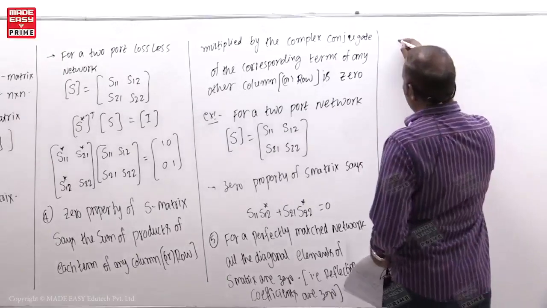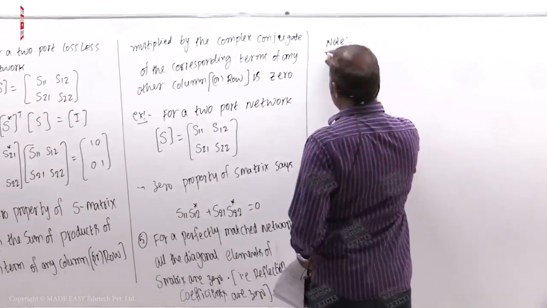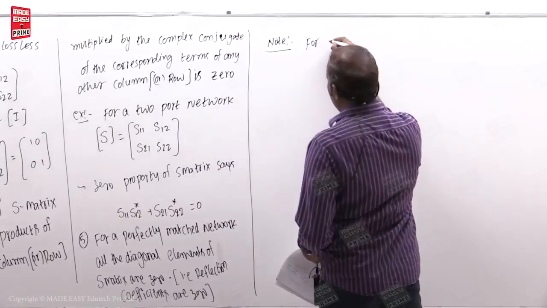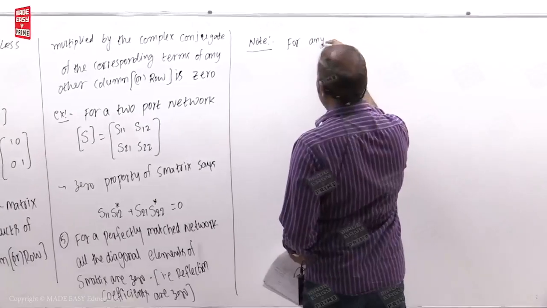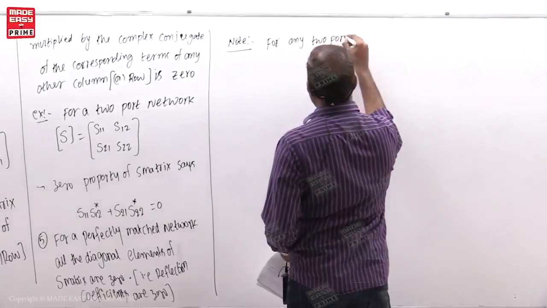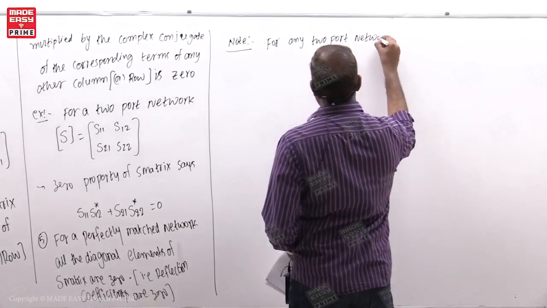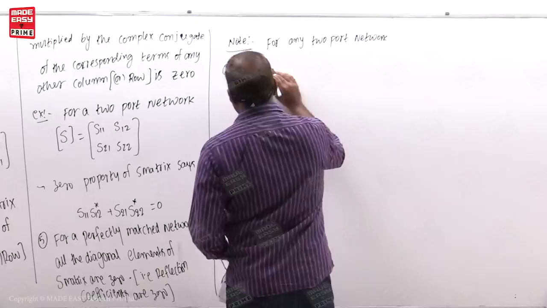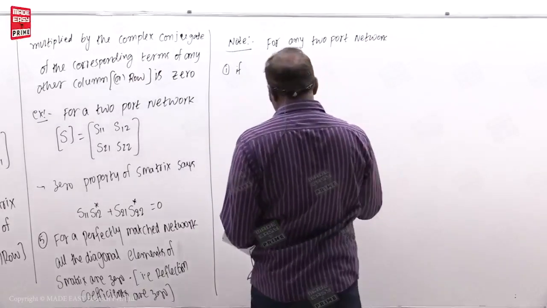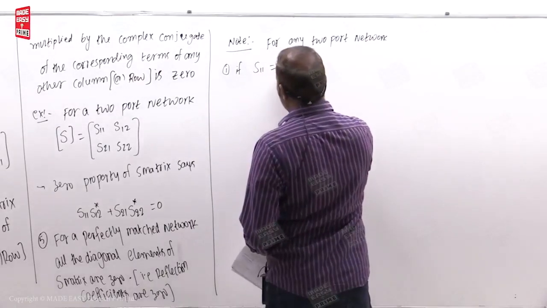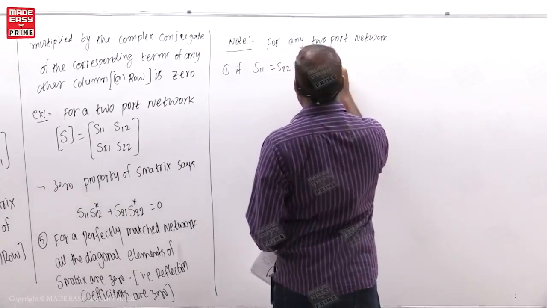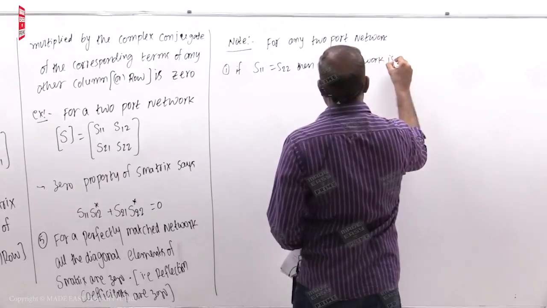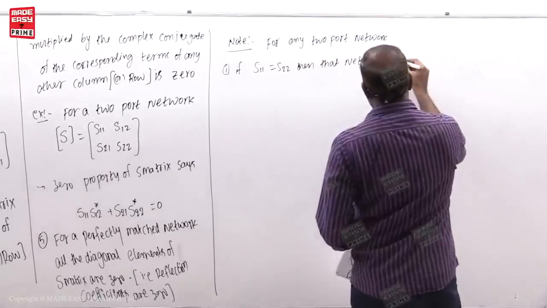So now let us write one note. These are all objective questions. For a two-port network, or otherwise for any two-port network, first one, if I told you S11 is equal to S22, then that network is symmetric network.